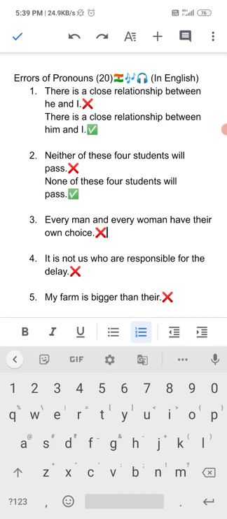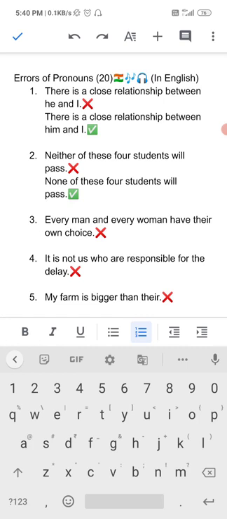And after has we have to rectify there, because our subject every man and every woman is singular, and for the singular subject we should use a singular adjective. And especially here we have to use his because we are very accustomed to use his in our sentence because of male dominance in our society or in our language.